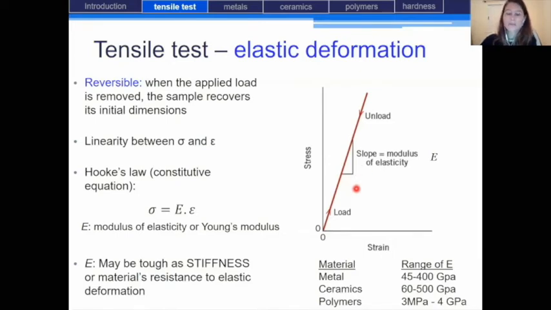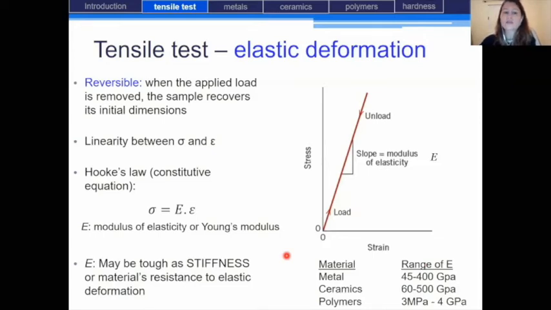Okay, so let's remember again. This elastic deformation occurs at low strain or low stress, and so if I apply a load to my material in this region and I remove this load, it will come back following the same curve to the initial state, initial dimensions.